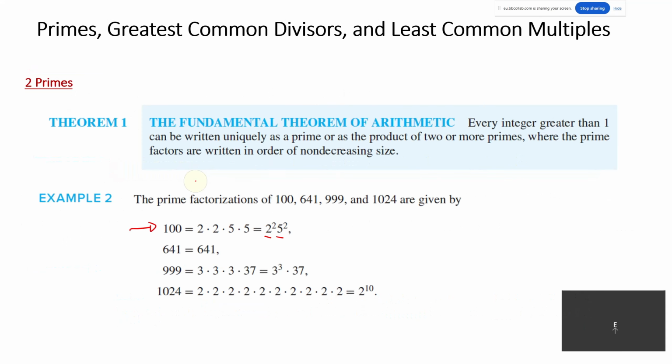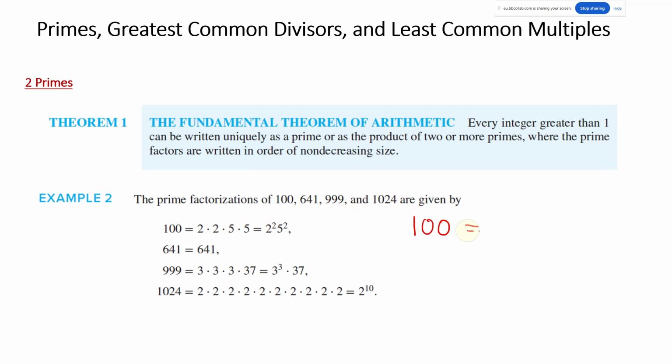So what does it mean? Let's go back to this 100. If I'm looking to find the prime factors of the integer 100, the theorem says that the biggest prime is going to be smaller than or equal to the square root, which in this case is 10.